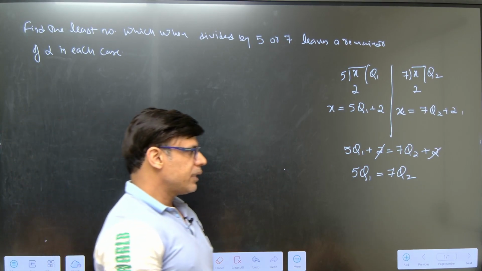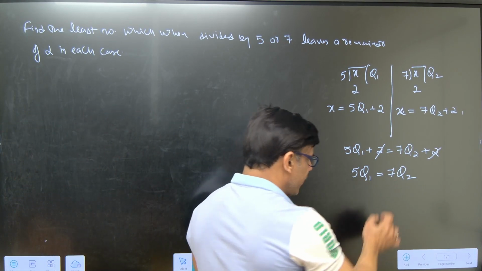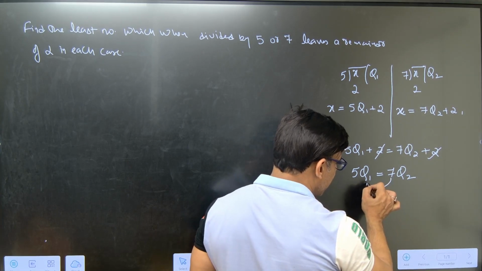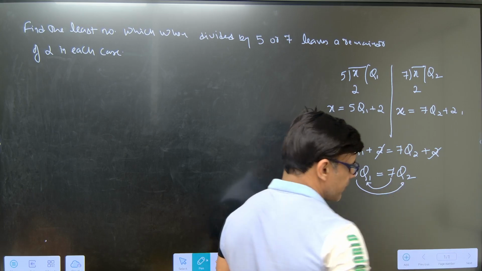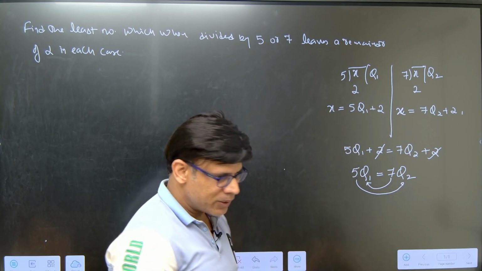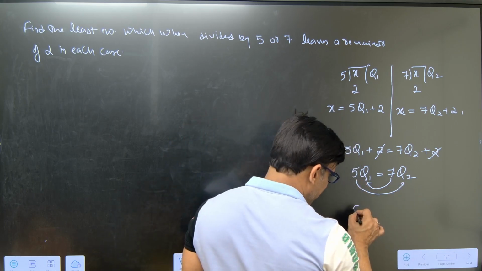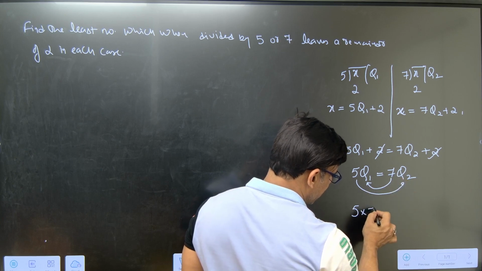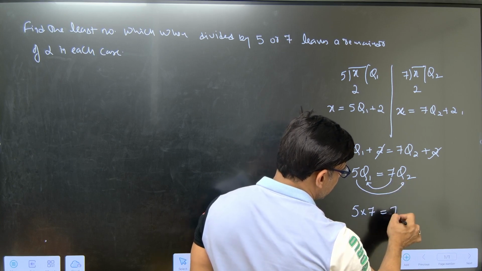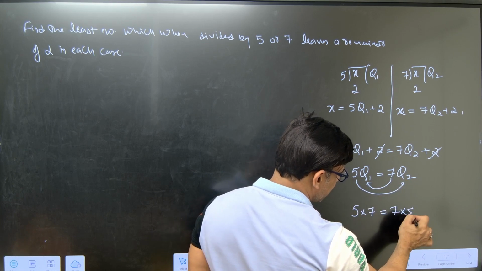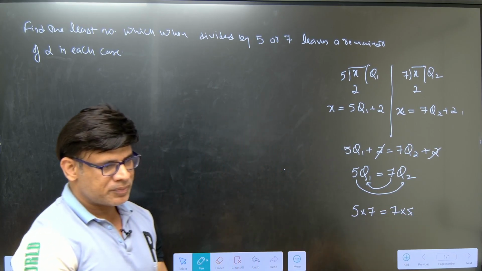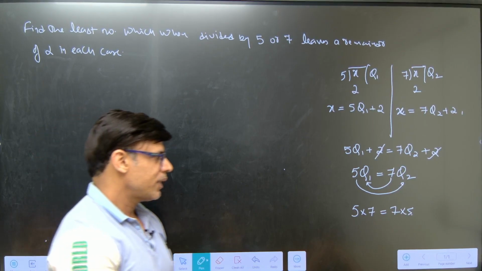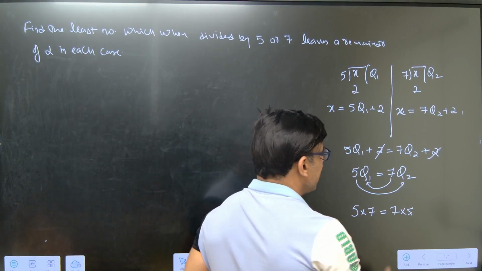To make them equal, in place of q1 you write 7, or in place of q2 you write 5. Then both will become equal. That means if I have coefficient 5 here, multiply by 7, or you have 7 here, multiply by coefficient 5. So q2 is 5, q1 is 7. That's basically to find the equality.